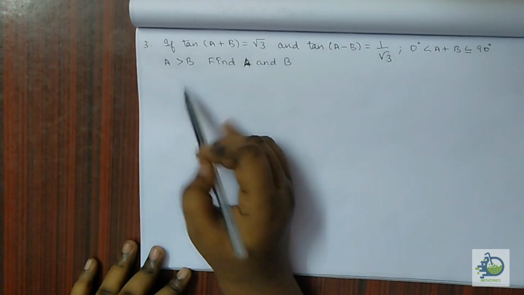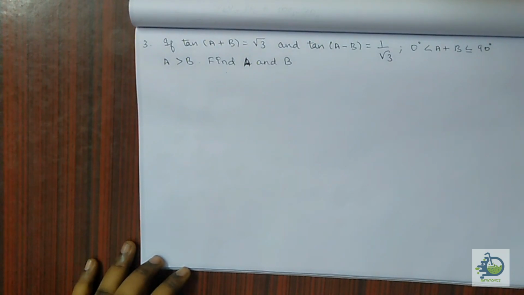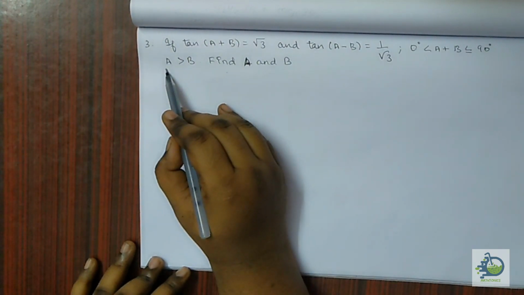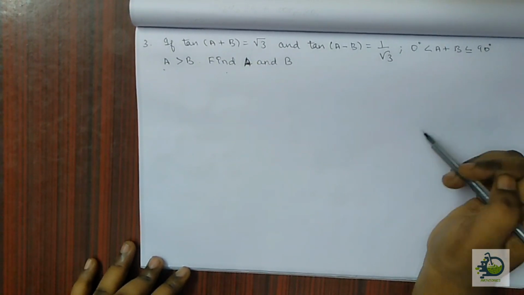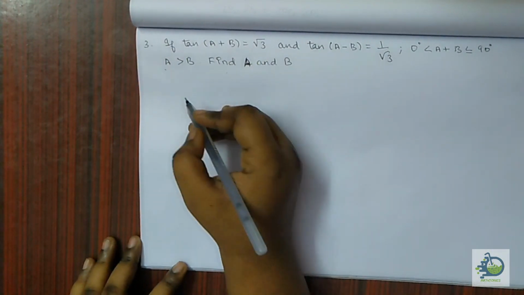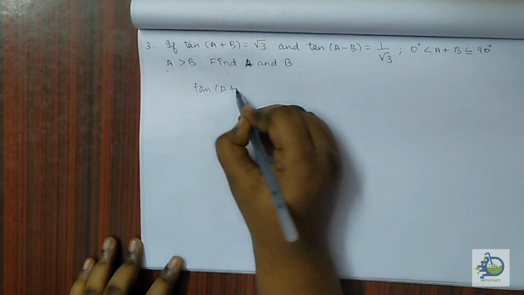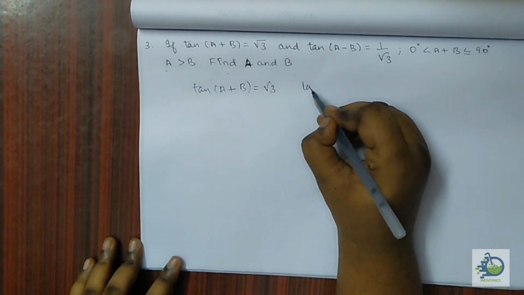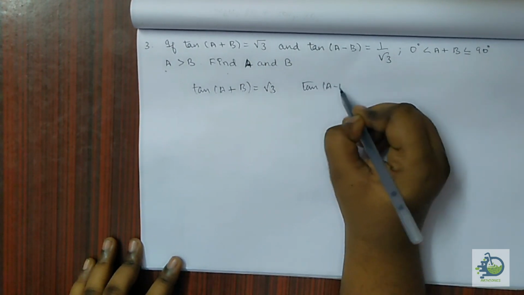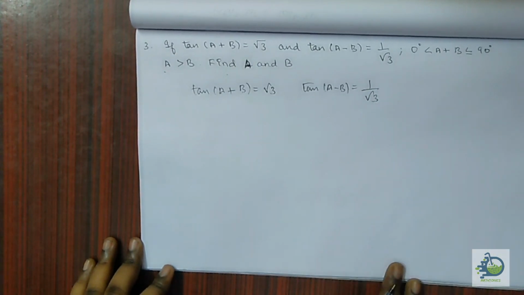Angle A is greater than angle B. So we have to find angle A and angle B. It is given that both the angles lie between 0 to 90 degree. Okay. It is given tan A plus B is equal to root 3 and tan A minus B is equal to 1 by root 3.